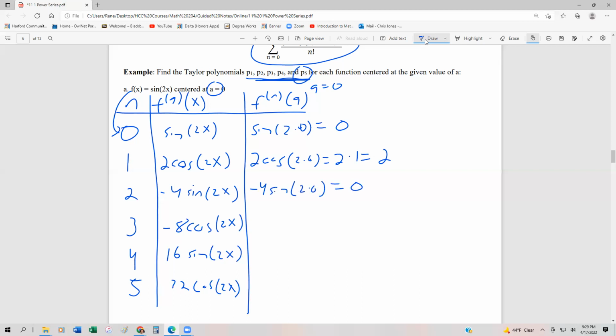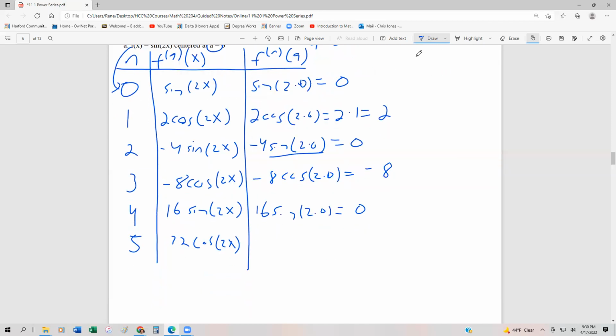Anytime we have a sine of 0, it's going to be 0. So this will be 16 sine of 2 times 0, which is 0 as well. And anytime we have a cosine of 0, that's going to work out to be 1. So we have -8 cos of 2 times 0, which is negative 8. And finally, 32 cos of 2 times 0, which is 32.